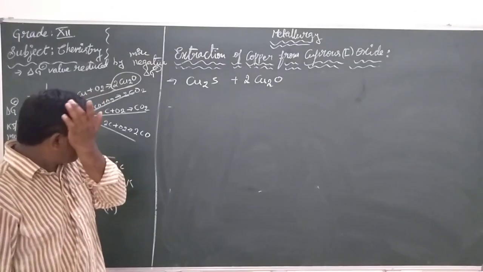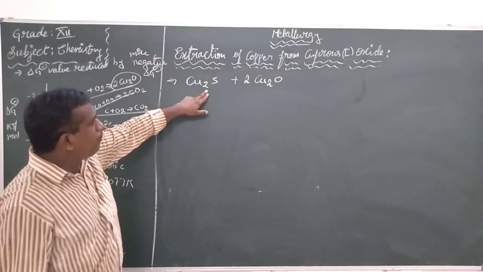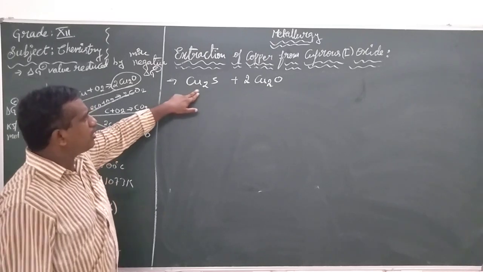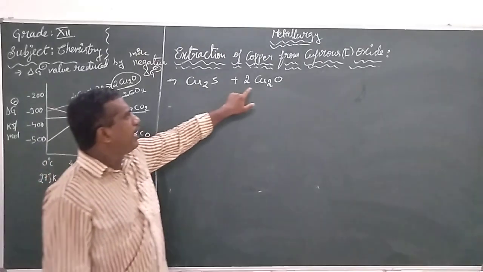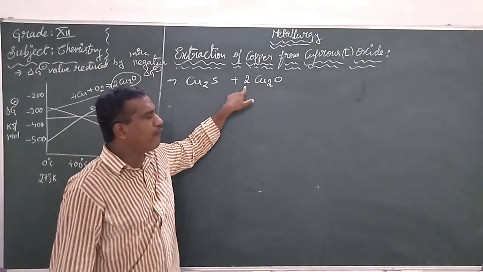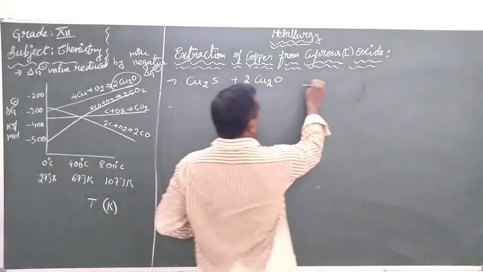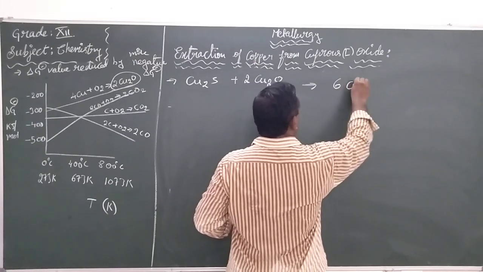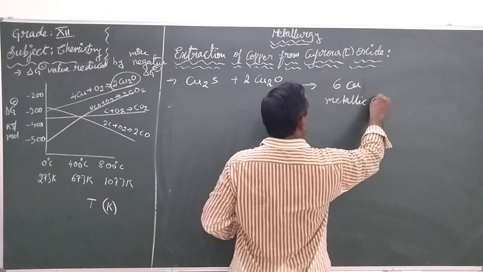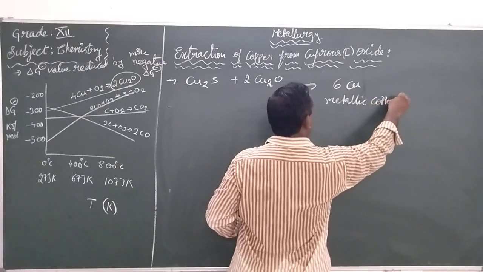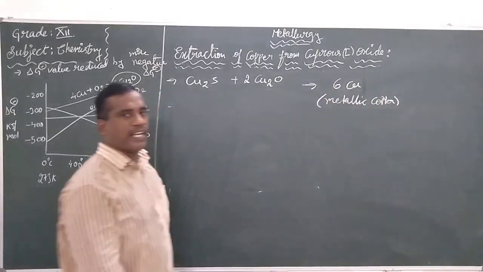Please observe how many coppers we got in this molecule. 2 coppers we got. Here we have totally 4 coppers. These coppers are converted into metallic copper. From both of the reactants, copper is separated.